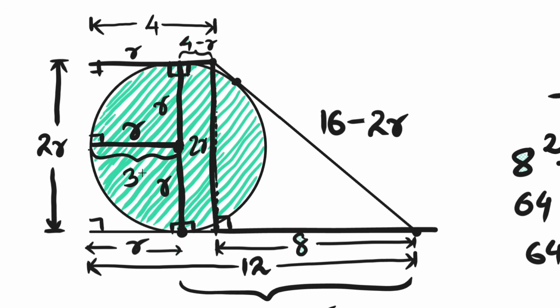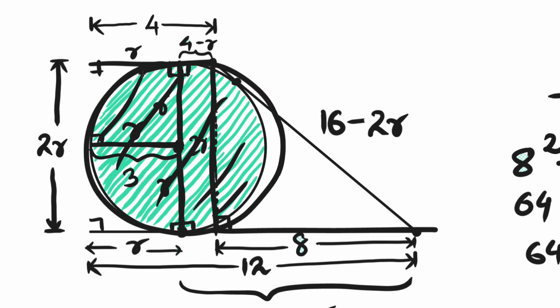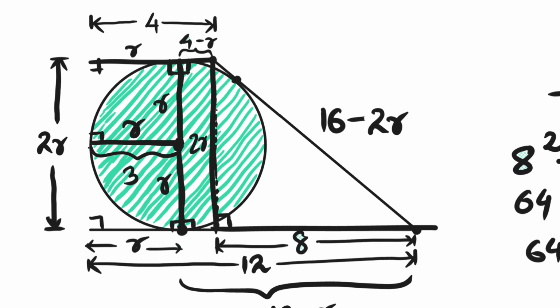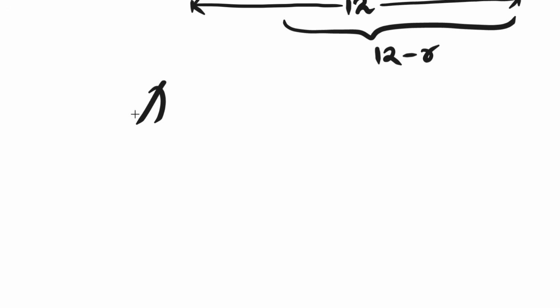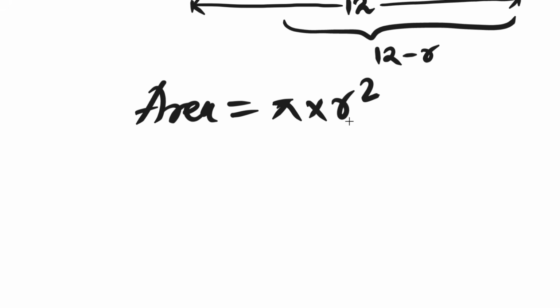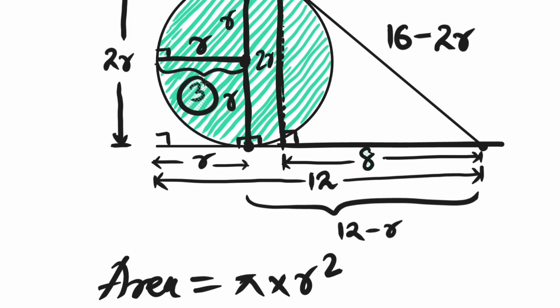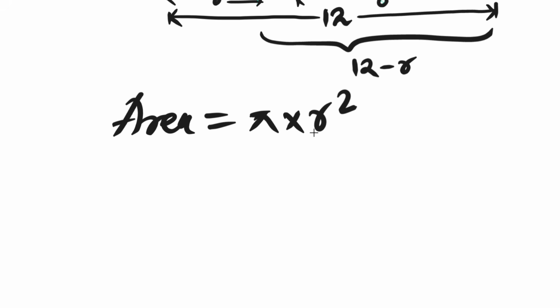But remember, the original question is not asking me for the radius. It is asking for the area of the shaded circle. So now I use the area formula for a circle, which is area equals pi multiplied by r squared. We just found that r is 3, so I substitute 3 for r.